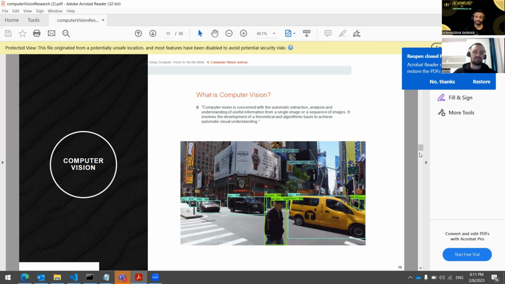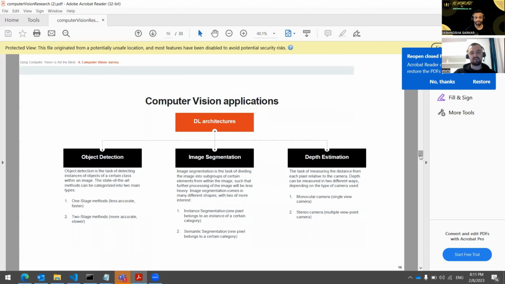And then it also involves the development of a theoretical and algorithmic basis to achieve automatic visual understanding. Now, it sounds very complex, but essentially it is teaching the machine what vision actually is. We don't know because we're used to it, but it's much more than that. So in that sense, it's a bit complex.